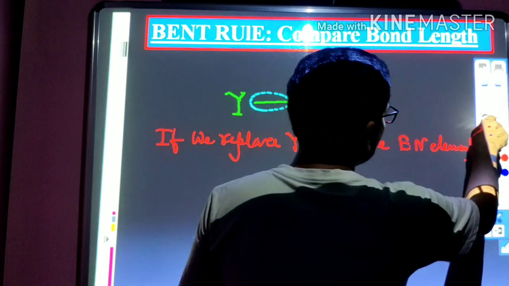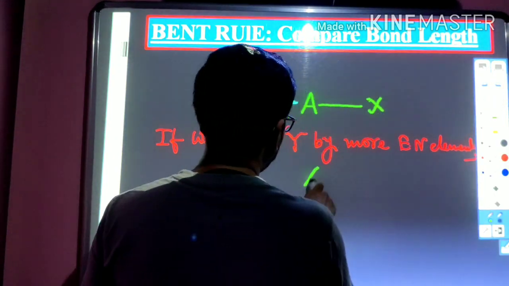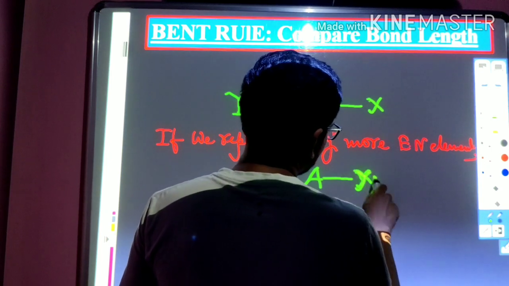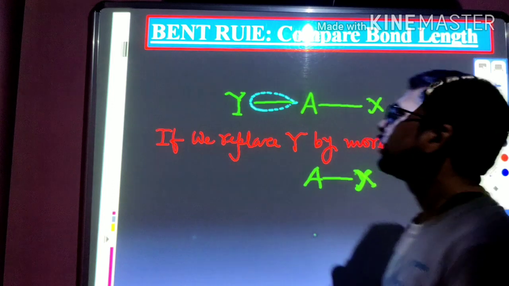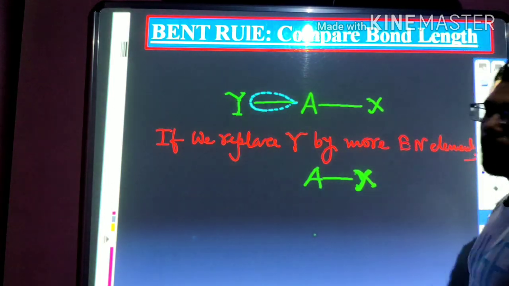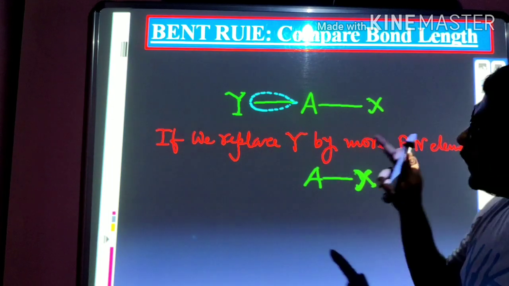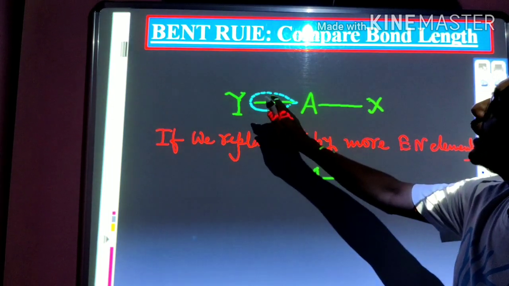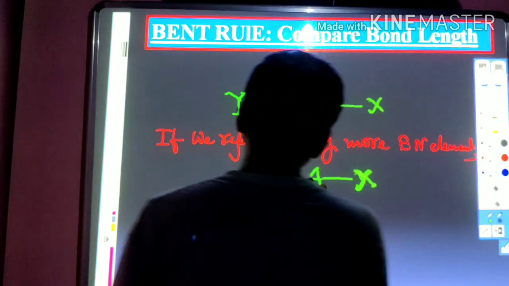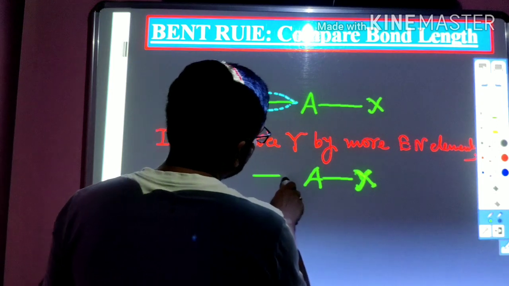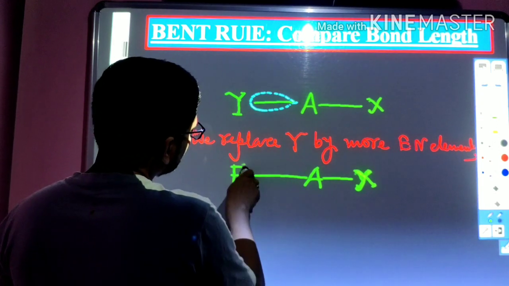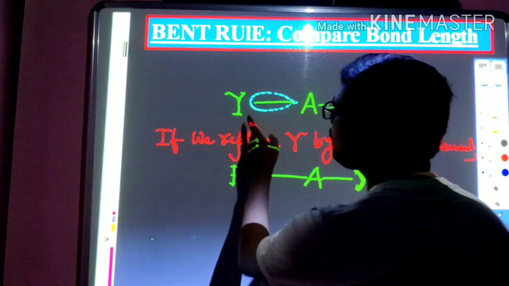See, when we replace Y by a more electronegative element, the percentage of S character in this orbital gets decreased. Say we replace this Y by F. What will happen?